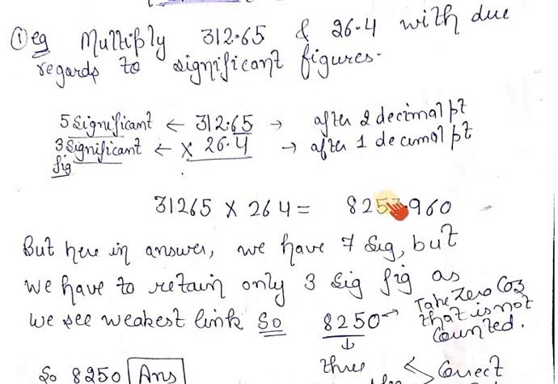But your answer is coming as 8253 point something and you will give your answer 825. That is a contradiction with your accurate answer. Why? Because your answer is nearly 8000 but you will give your answer nearly 800. So it's a mismatch of your answer, right?